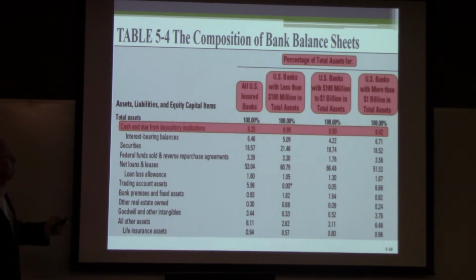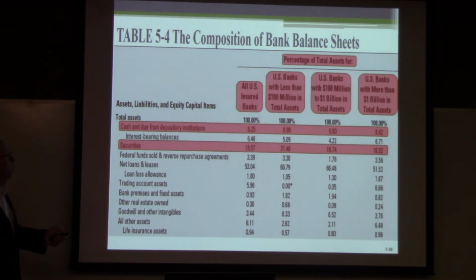So you can see that about 9% of assets are held in cash at the small banks, as low as 6.5% at mid-sized banks. So there's a big spread there. Then in terms of securities, you can see once again the smaller banks hold more, so they hold more cash and they hold more securities. So they look a little more conservative. Okay?